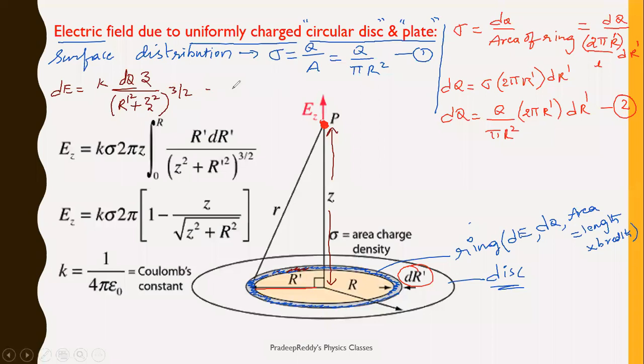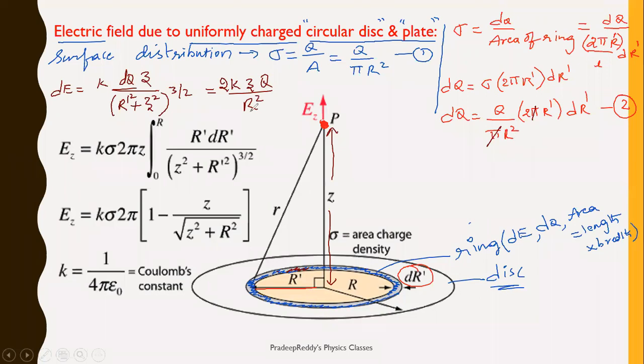This is equal to k into z into dq. dq is capital Q divided by pi r square, and this pi I am cancelling. What is left over is 2, I am writing it here. 2 divided by r square, because r is the radius of the whole disk, that is constant, it does not change.